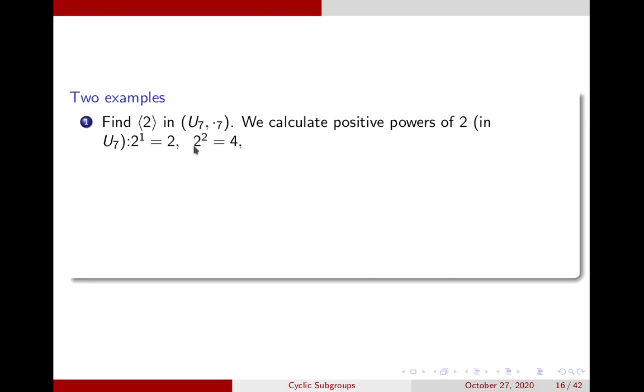We have 2 squared, which is 4. We have 2 cubed, which would be 2 times sub 7 4, which would be a 1. And we've reached the identity by taking 2 to the third. This means that the cyclic subgroup generated by 2 consists of the elements 1, the identity, 2, which is 2 to the first, and 4, which is 2 to the second.